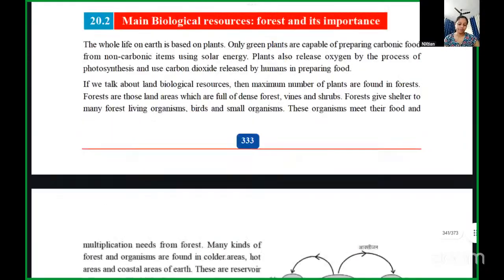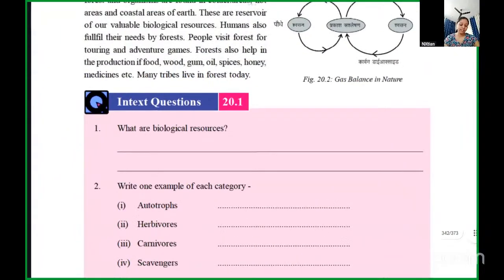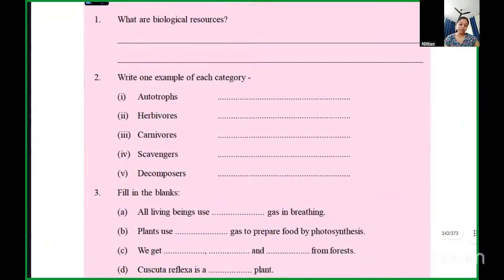Now, write one example of each category: autotrophs, herbivores, carnivores, scavengers, and decomposers. Abraham, autotrophs? Plants. Okay. Herbivores? Humans.